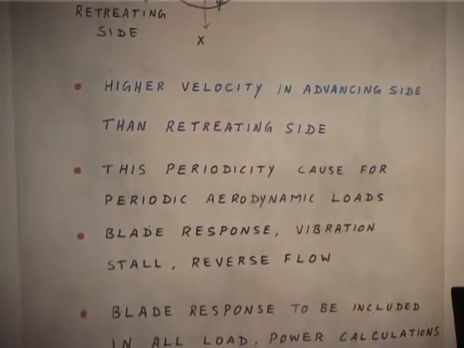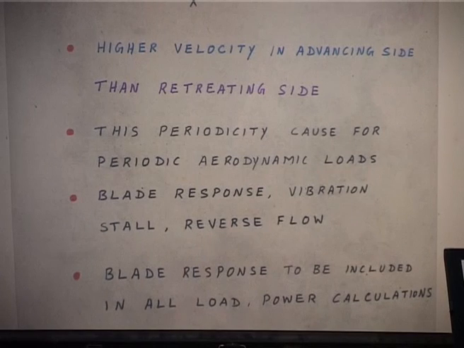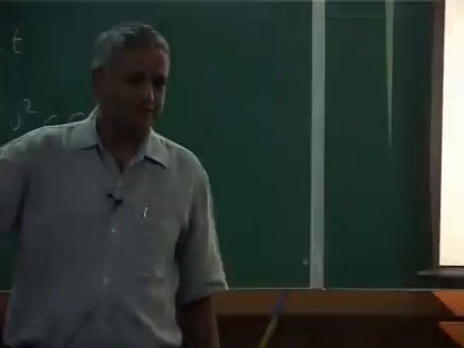Now, when the blade starts moving up and down, this is adding another complexity. My load is changing, as a result my blade is oscillating. Now, my blade is oscillating, therefore what will happen? My load also changes, because my angle of attack, everything, will change. As a result, it is an aeroelastic problem, you can't split these two. What we normally study in aerodynamics is a steady flow: the airfoil is kept at some pitch angle, you find the lift, you find the drag, and you find the pitching moment.